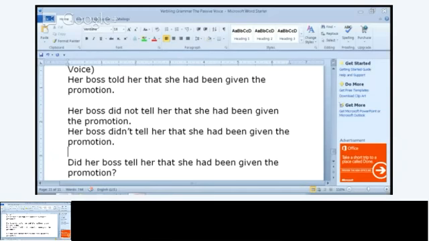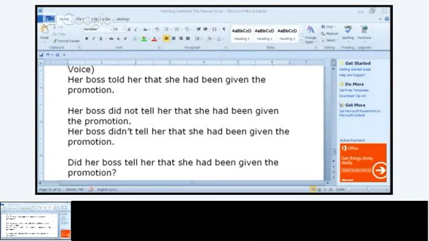And I'll check out some of the ideas. She has been told, right? Now, strictly speaking, that all sounds good. She has been told. She was told. Okay.